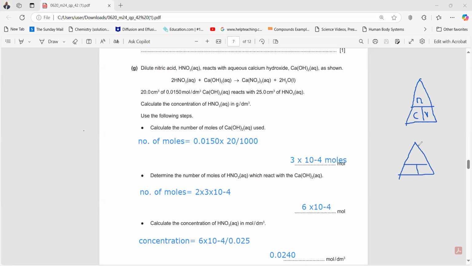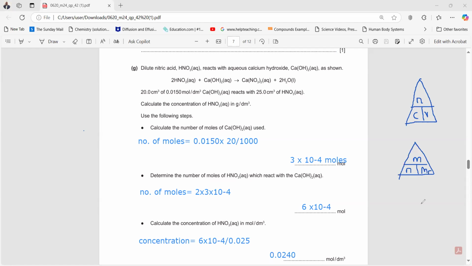So there's another triangle which we also have to know. There's the NCV, and then there's also the one where we calculate number of moles. Our N is now by the side, our small letter m is the mass given, and then we have our MR. So what we are now doing is changing our concentration from moles per dm cubed to grams per dm cubed. It's like we are finding m.